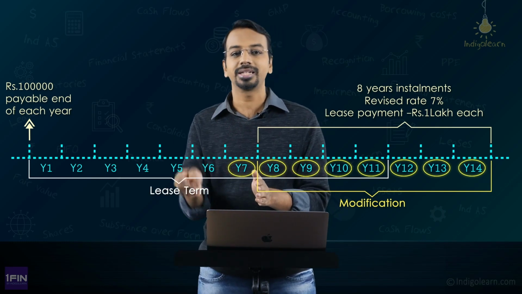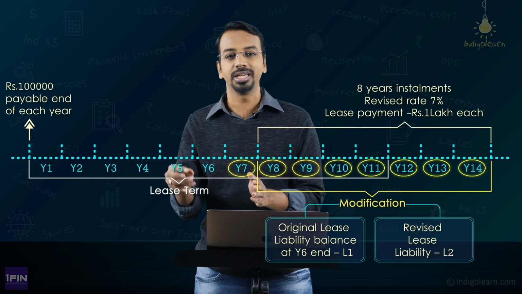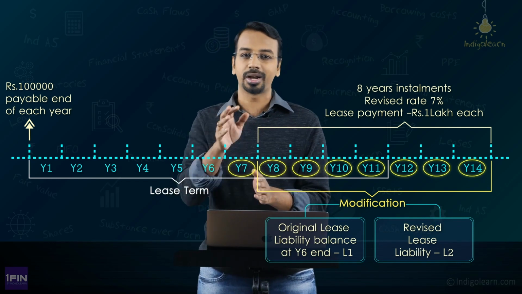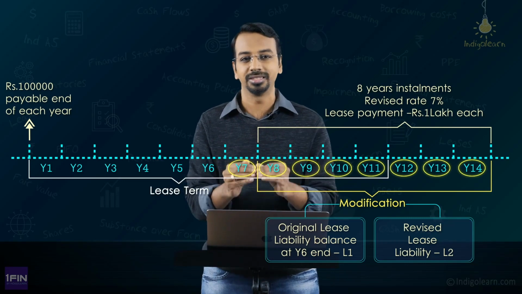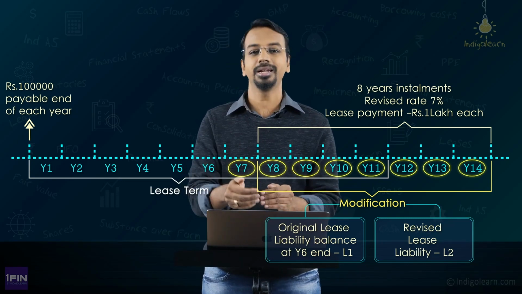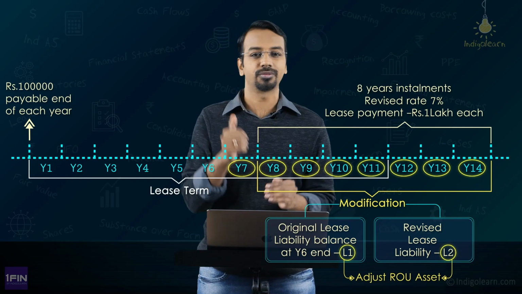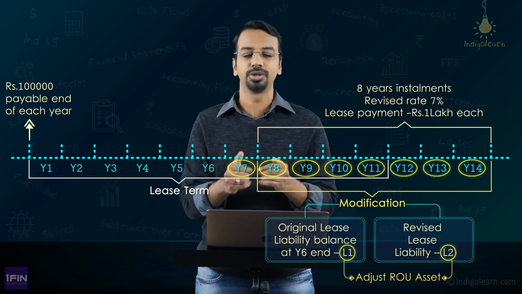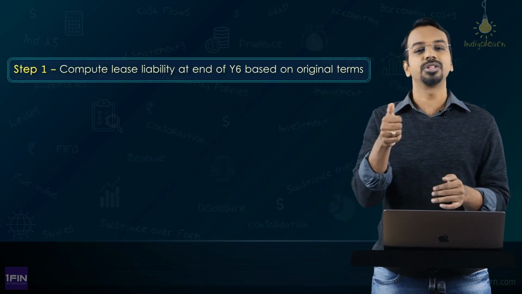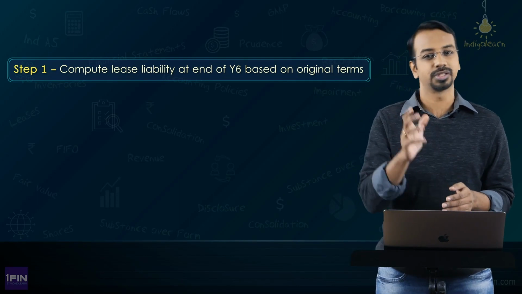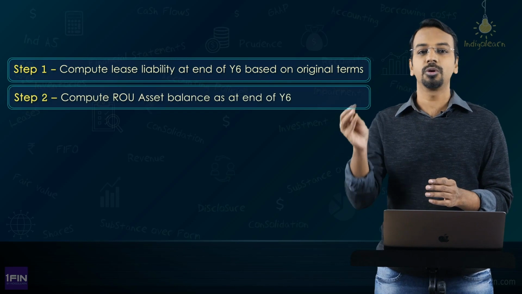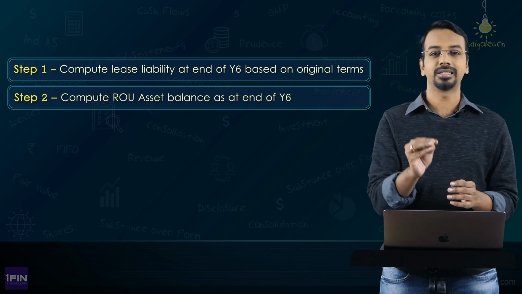You will also arrive at the lease liability based on the original lease at the end of the 6th year, or at the beginning of the 7th year. You will compare these two, and whatever the difference is, you will adjust it to the lease liability, and the corresponding adjustment will happen on the right of use asset. So what are you expected to do here? First, based on the original lease terms, you will compute the lease liability as at the end of the 6th year. That is the first computation. Also, the right of use asset balance as at the end of the 6th year.